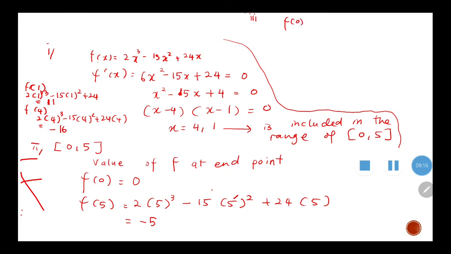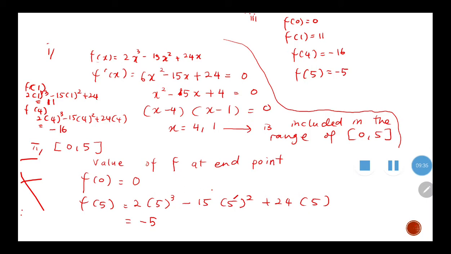When f0 is 0, f1 is 11. When f4 is minus 16, and f5 you will get minus 5.